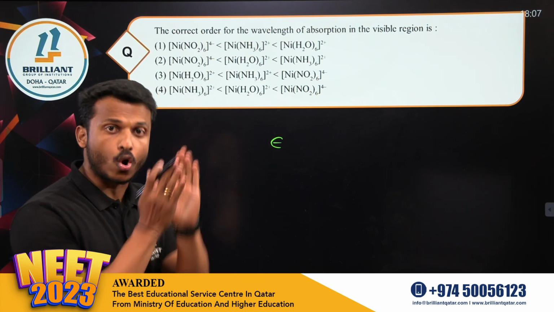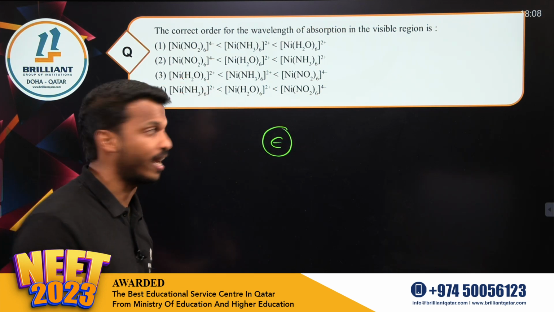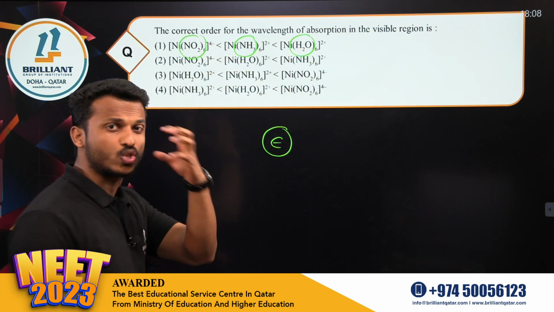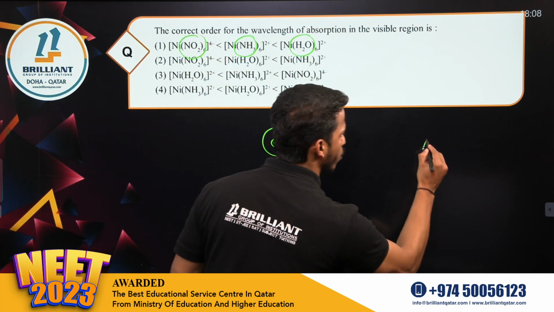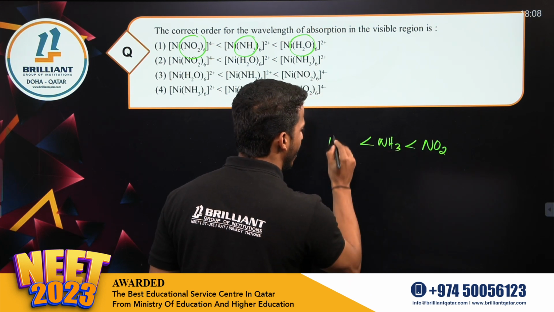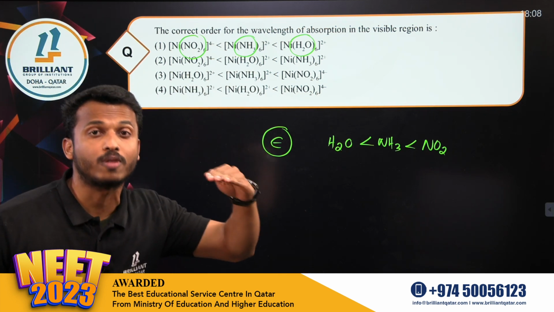Among amine, aqua and nitrito, NO2 is the strongest ligand, then amine, and the weakest is H2O. This is the order of crystal field splitting energy.